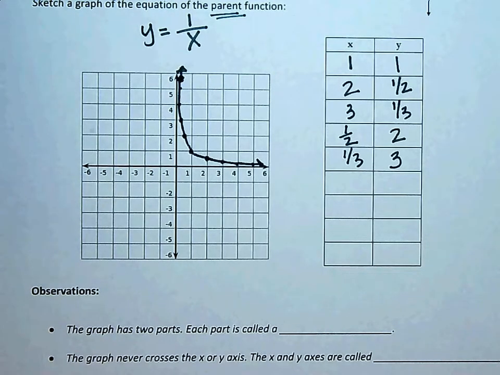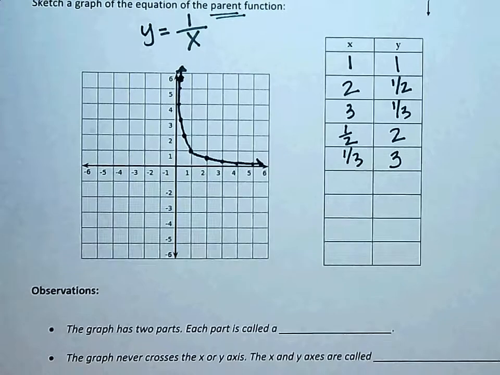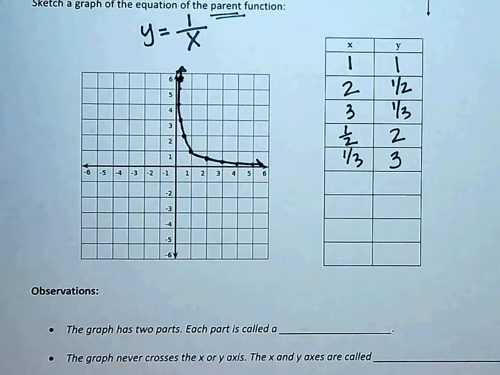Error. Right. Because as soon as you plug in 1 divided by 0, that thing's blowing up. It is not defined, okay? So therefore, it can't touch that y-axis. It can't touch it. It just approaches it. Okay.